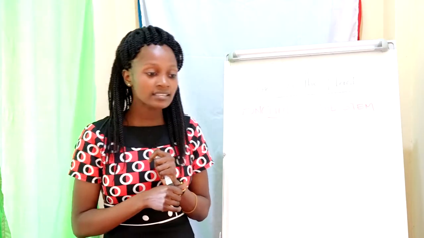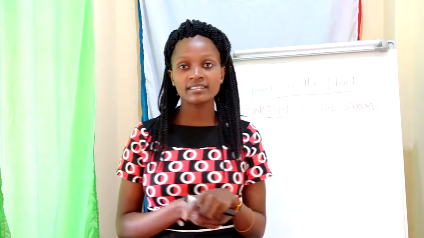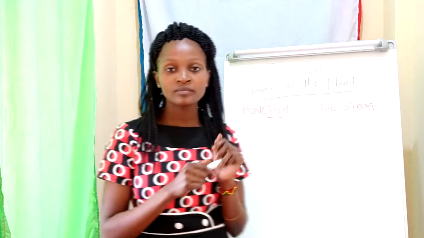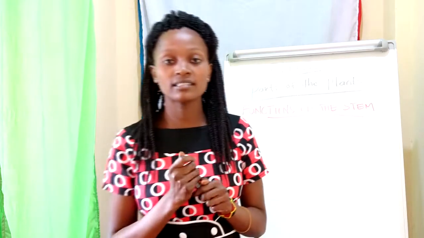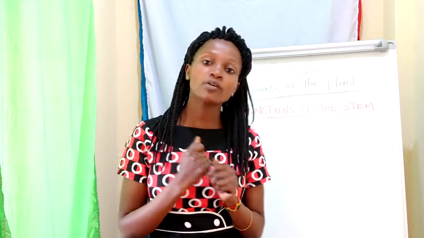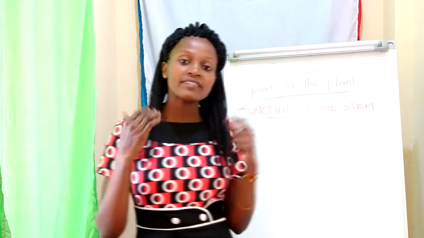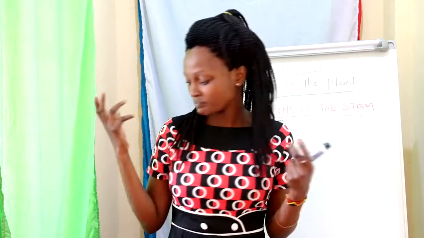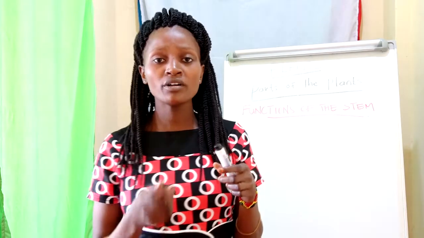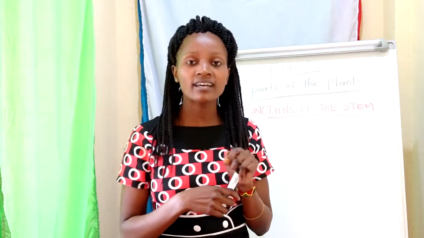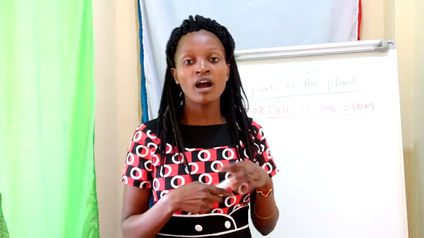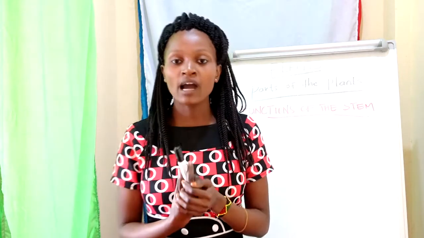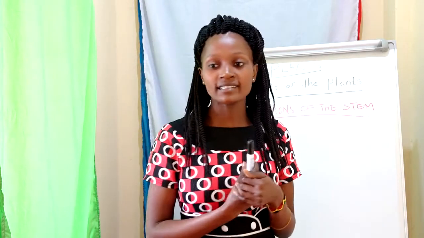Okay, the next function of the stem is support. It acts as support. It supports the leaves, the flowers, and the fruit in good position. For example, the stem supports the leaves in good position for them to carry out the process of photosynthesis.